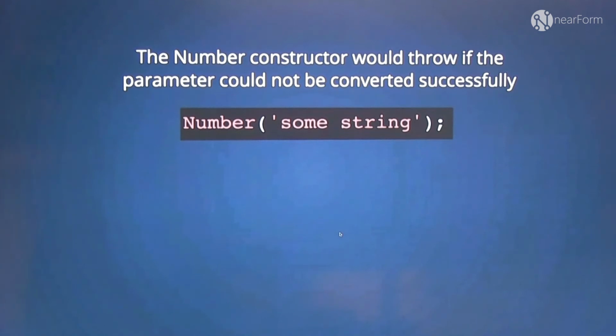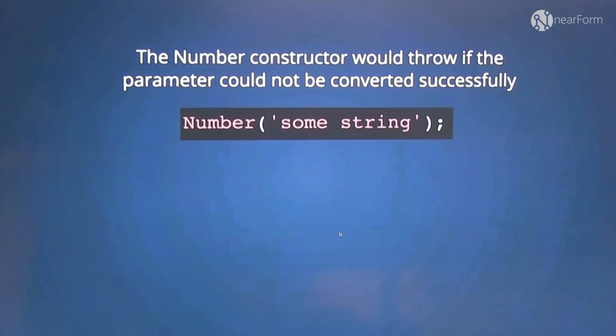Today, we see JavaScript as a language with coercion, with type transformations, but at that time, if you had any string that couldn't be successfully converted to a number, it would throw an error.